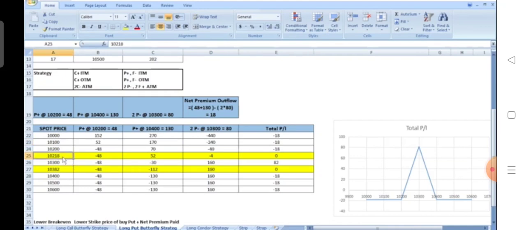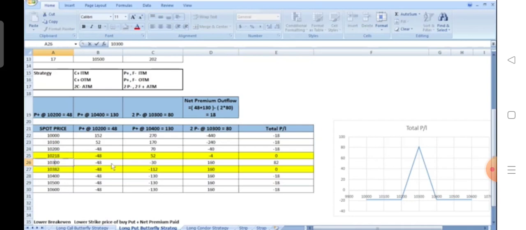At 10,218, the 10,200 put lapses, so we lose the 48 rupees premium. The 10,400 is exercised and the 10,300 put is also exercised. So what we can see is we get a total P&L of 0, which is the first break-even point of this strategy.